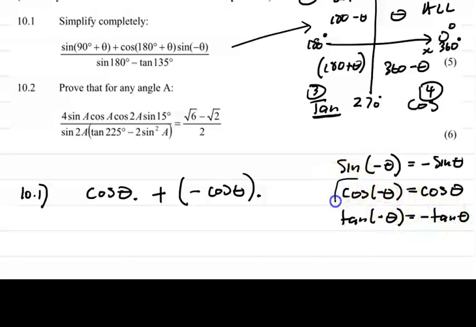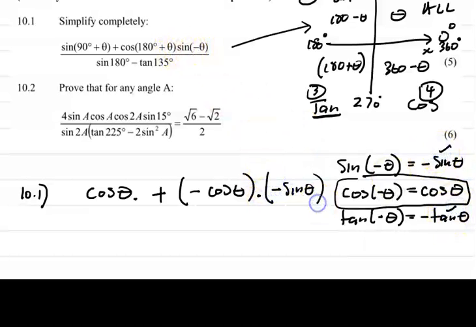So you just have to learn that one and then you'll know that the other ones become negative. So sine of minus theta is minus sine theta.